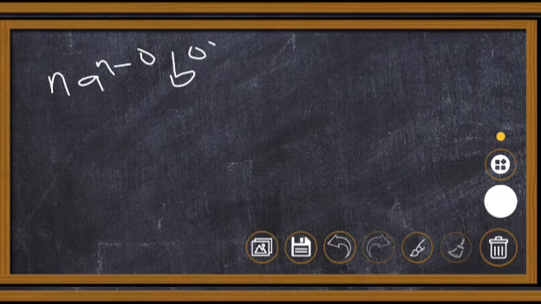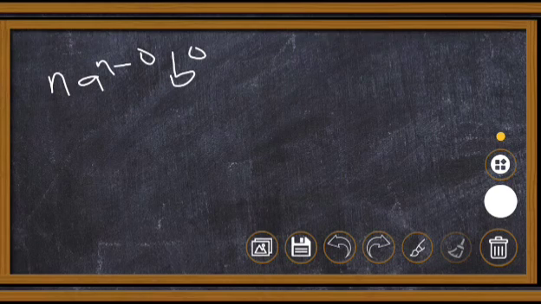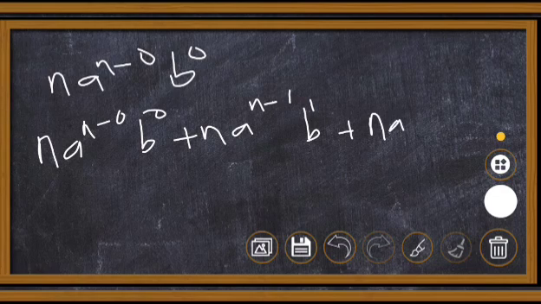The values of these keep on increasing, whilst the values of a keep on decreasing. If we add another term here, we are going to have a power n minus 1 and then b power 1. Just like that, the values will keep on decreasing for a and will keep on increasing for b.